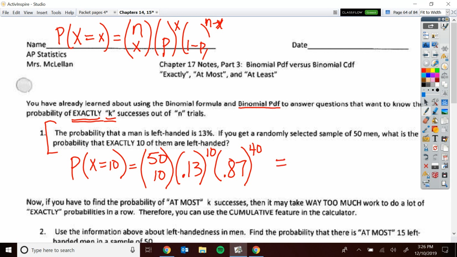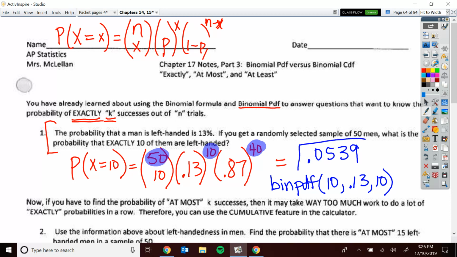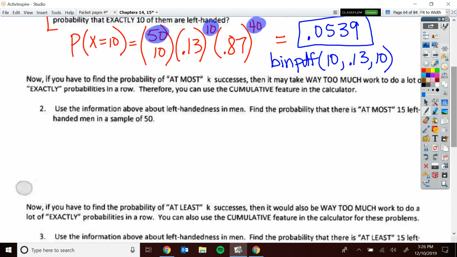Remembering that, you can always tell that failures plus successes is the total N. I put this into my calculator: binomial PDF of N, then the success rate, and how many of those I want, and that came out to be 0.0539, or 5.39%.